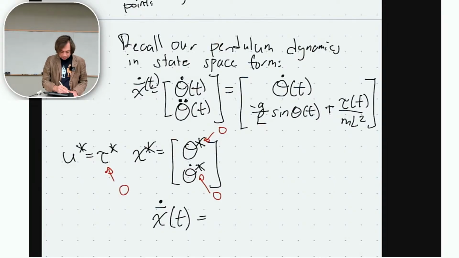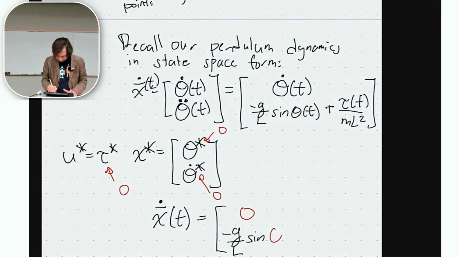If you then plug in your theta dots, your theta, your tau, it's going to be 0, and then minus g over L sine of 0 radians plus our tau at our fixed point is 0 over ml squared.